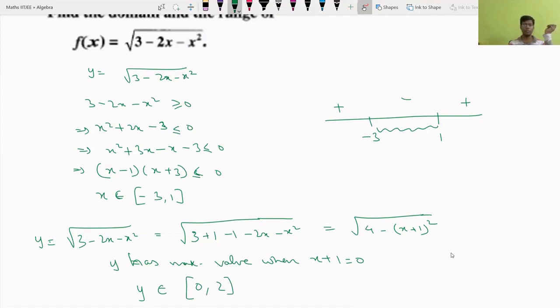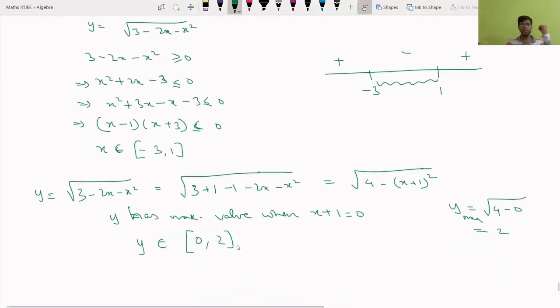Why am I getting 2? Because for the maximum value of y I have 4 minus 0. When this term is 0, then y will be maximum. So this is my 2. This is y max. So y max is 2 and I'll have the minimum value of y as 0. That's how I get the range as 0 to 2.